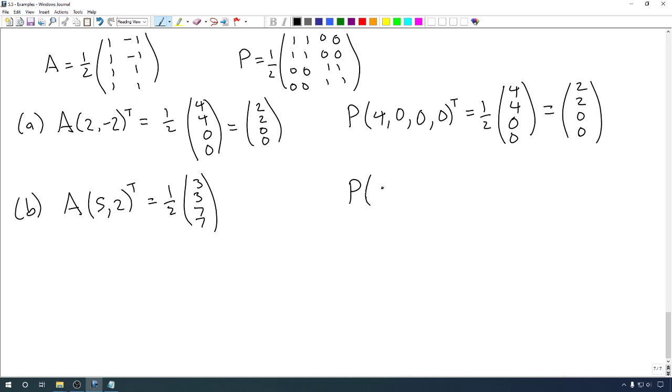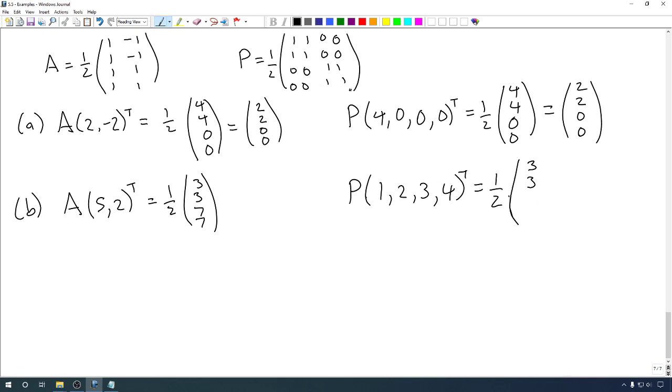But the vector that we actually started with, that we found the least squares solution for, was the vector 1, 2, 3, 4. We're going to multiply that vector by P. So again, we have a 1/2 out in front. Then we need to take 1 plus 2 plus 0 plus 0. 1 plus 2 is 3. We have the same calculation for the next one, which is 3.